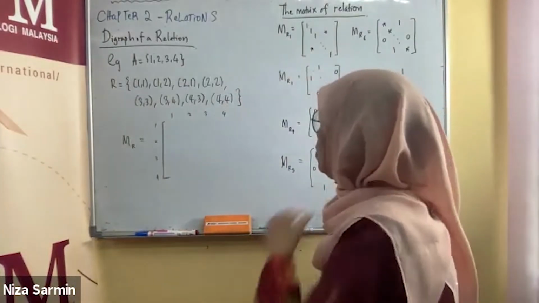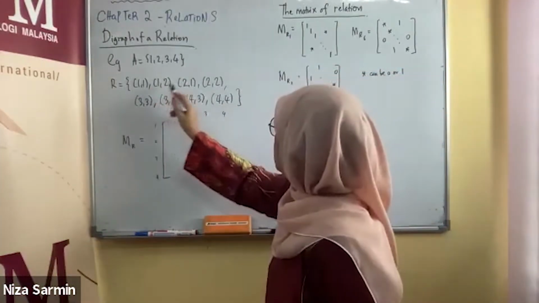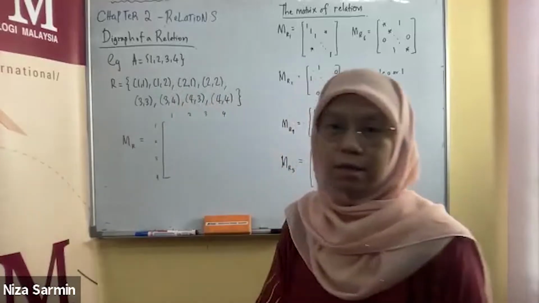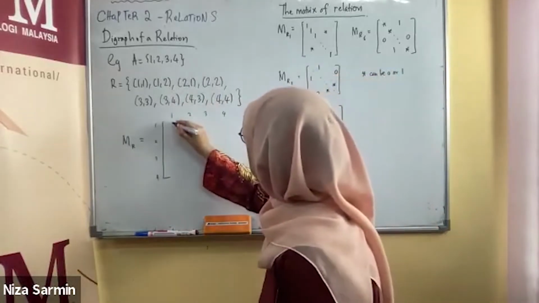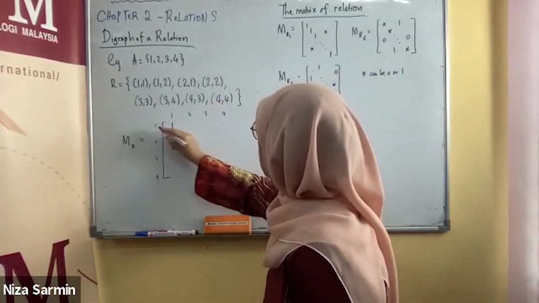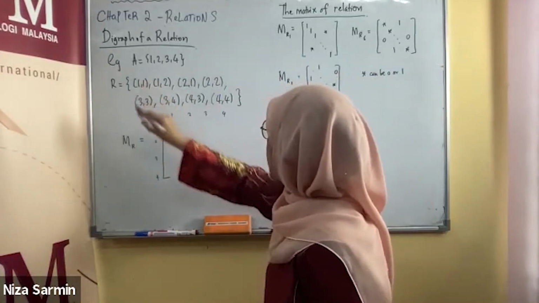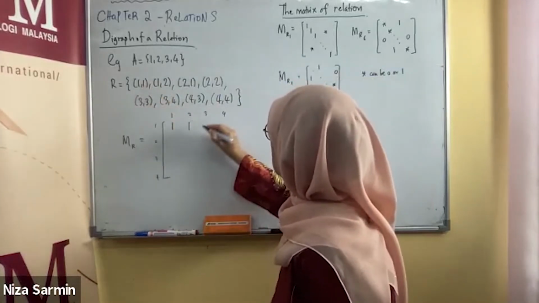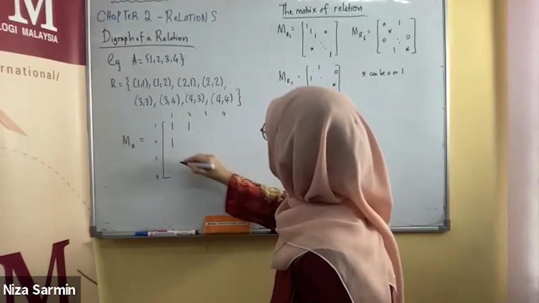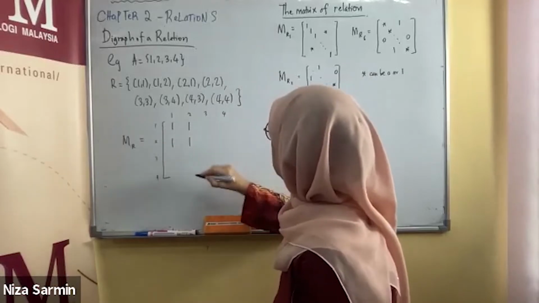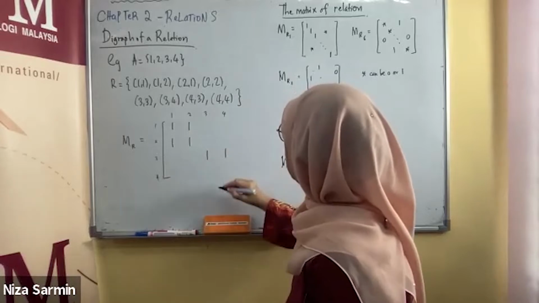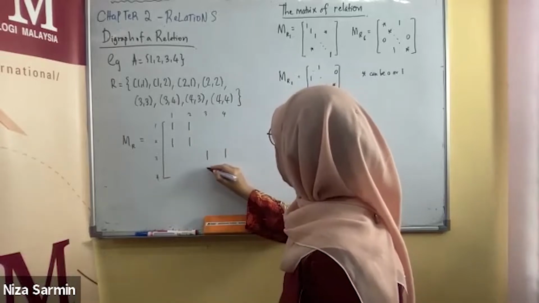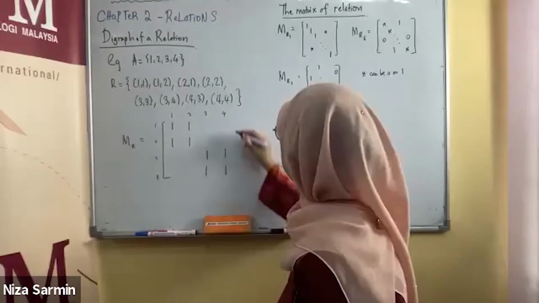We have 8 pairs, so you will have 8 entries: (1,1), (1,2), (2,1), (2,2), (3,3), (3,4), (4,3), (4,4).